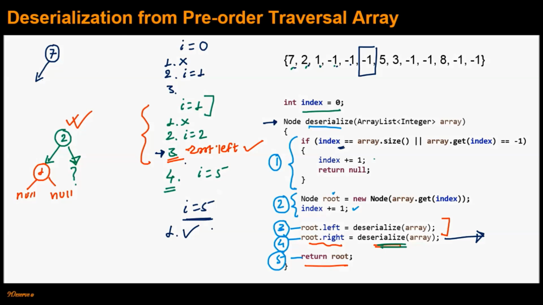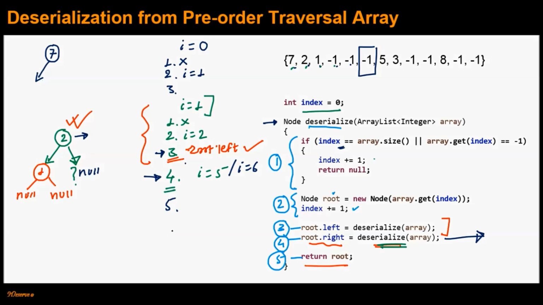We first increment I to 6 and then we return null here, right? Because from step number 4 we made this recursive call which returns null. So the right subtree for node 2 would be null. The value of I at this point is 6, right? I'll erase the completed call sequence now.